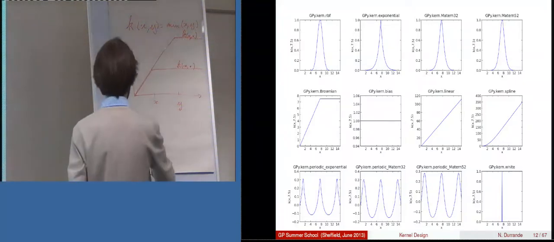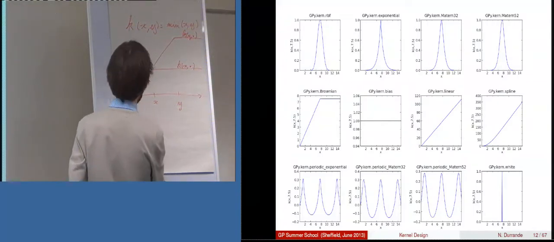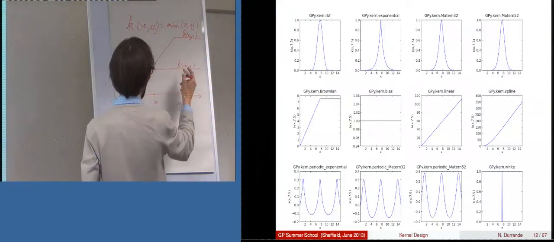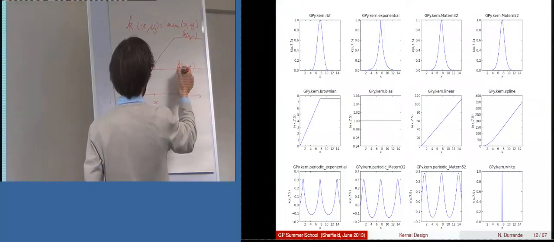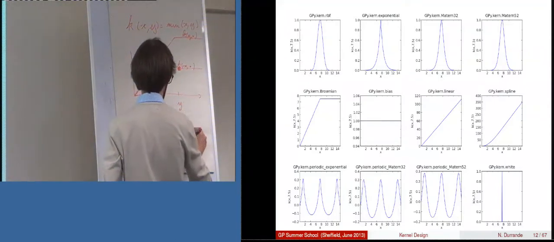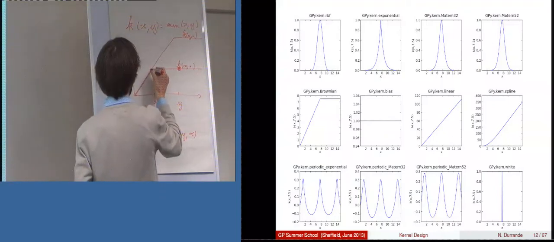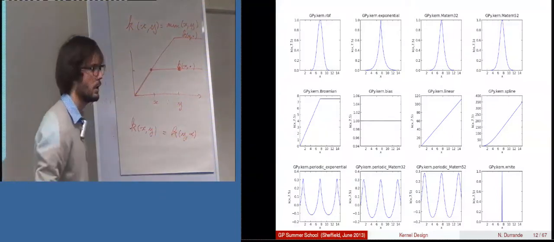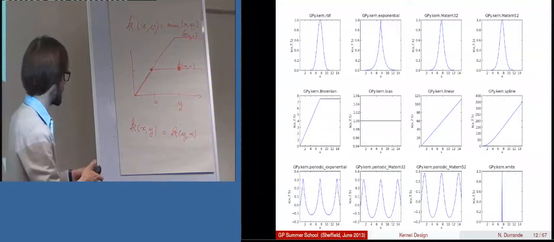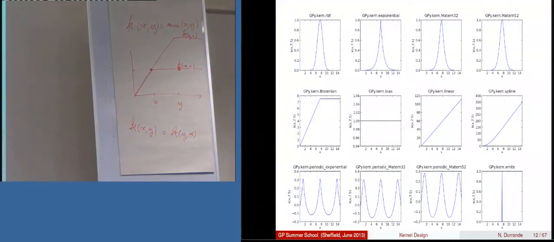Now if we evaluate k of x, y, so we take this function and evaluate it in y, we have this value, and if we take k of y, x, we end up here with this value. So it is indeed symmetric when you look at its two variables. Here you can flip both, but it does not have a symmetric shape over here.